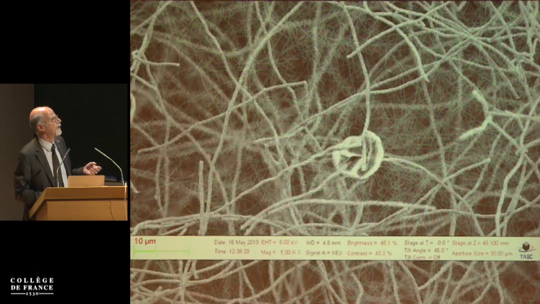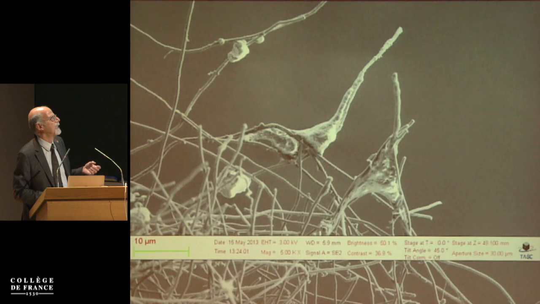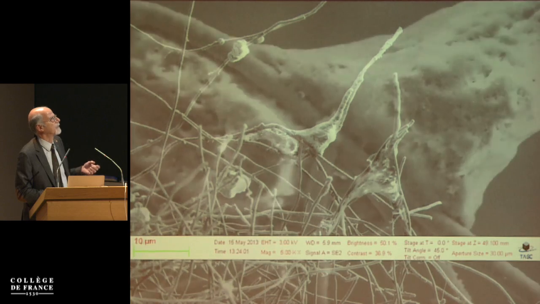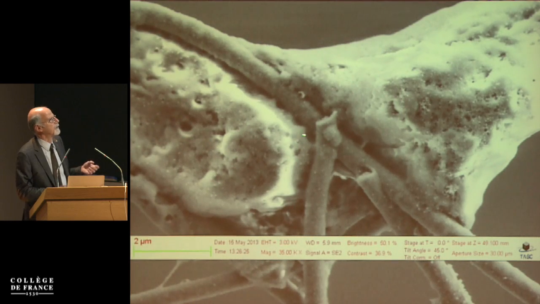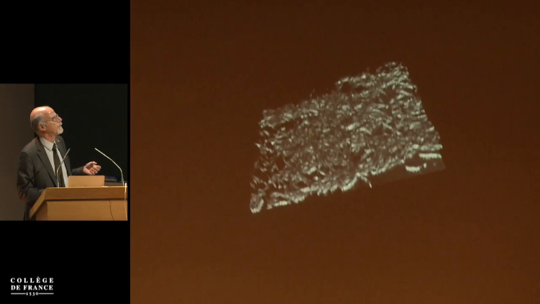And if we deposit neurons in this cage, we can clearly see the neuronal cells adhering to the nanotubes. As you can see, it looks like they very much like it. And so here we can see the sponge which is attached to the glass.